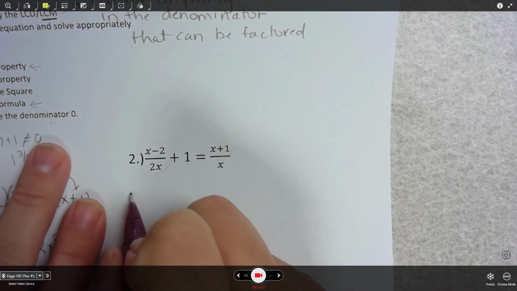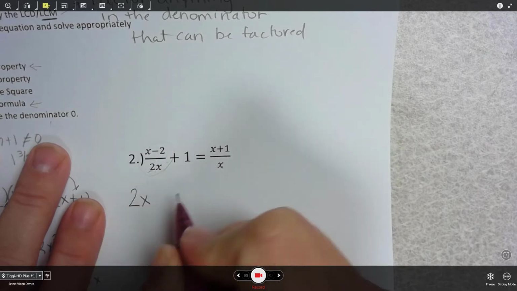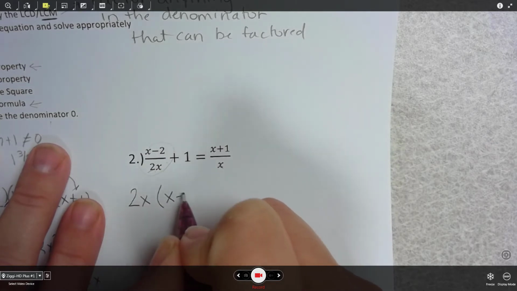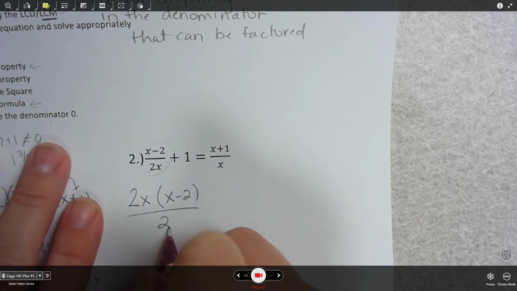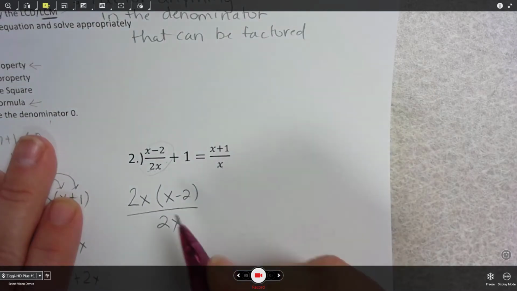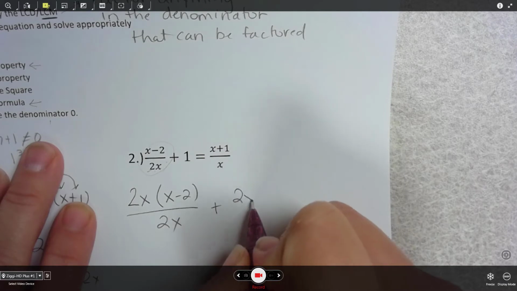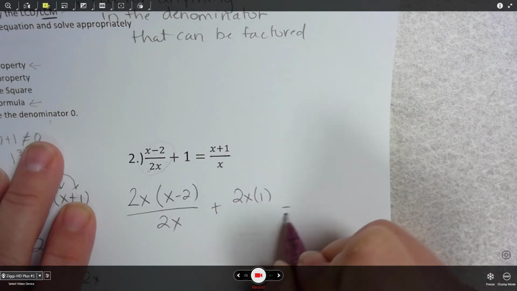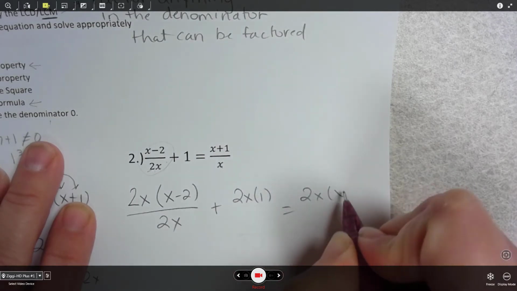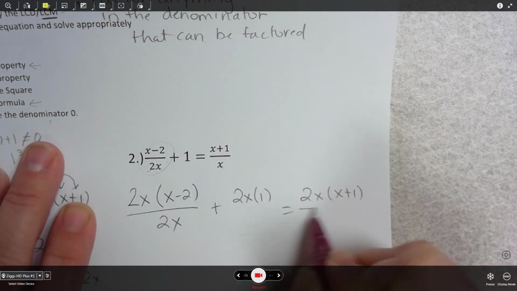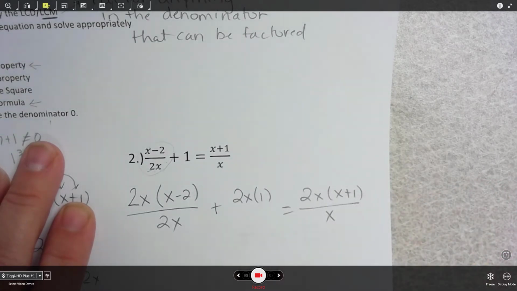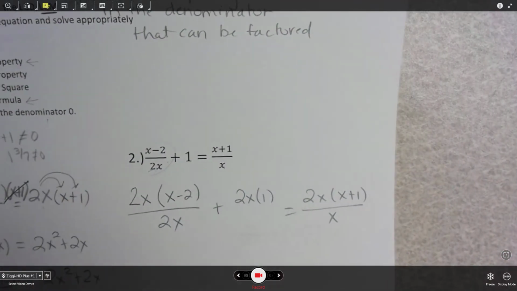So I'm going to multiply this fraction by 2x. Alright, and because I multiplied this first fraction by 2x, I have to multiply everything by 2x. Even if it's not a fraction, it still has to be multiplied. This keeps my equation in balance.